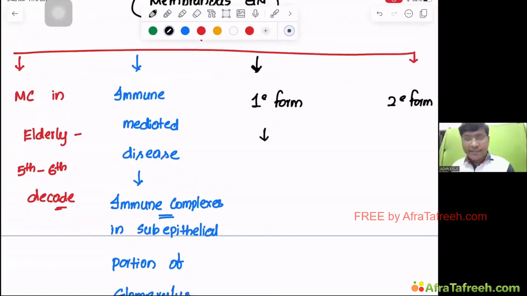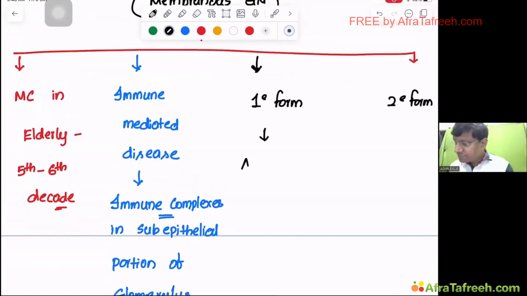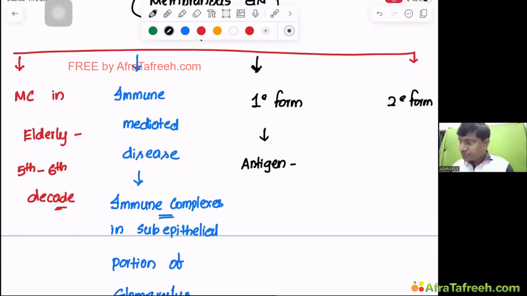So take the primary form of the disease. You should have an antigen. What is the antigen in the primary form? The antigen in the primary form is phospholipase A2 receptor.